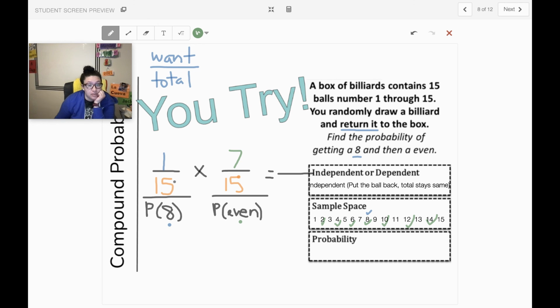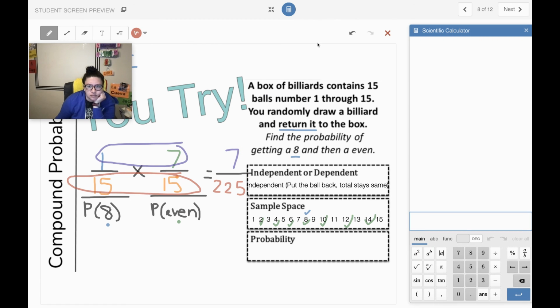Now that I've got the probability of an 8 and the probability of an even, I can multiply across. 1 times 7 is 7. And 15 times 15 is 225. So if we type that in our calculator, one way to check to see if we can simplify it, I know 7's prime.